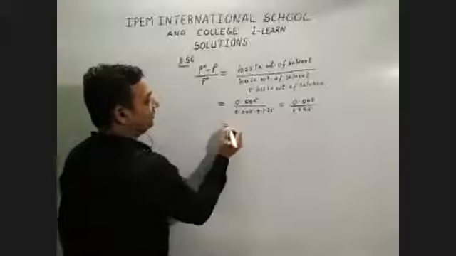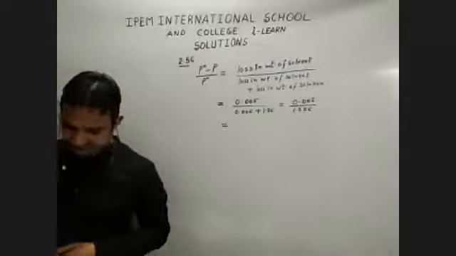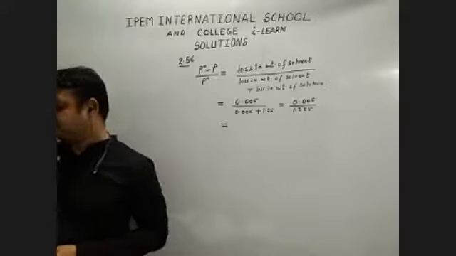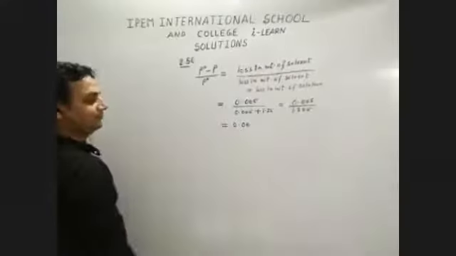What will be the relative lowering of vapor pressure? Hurry up, fast. Tell me how much it is coming. 0.004, so 3.98 into 10 to the power minus 3.